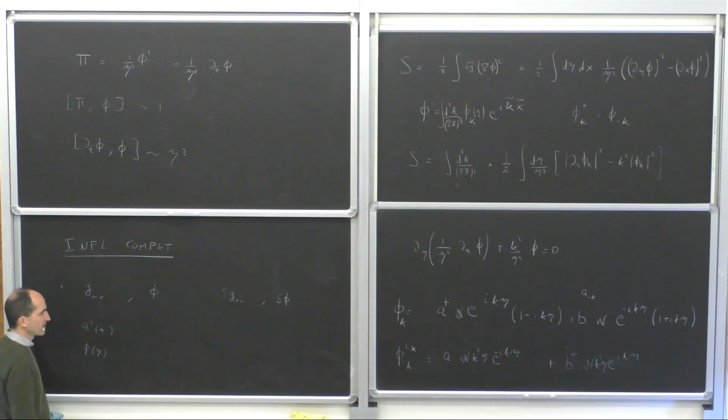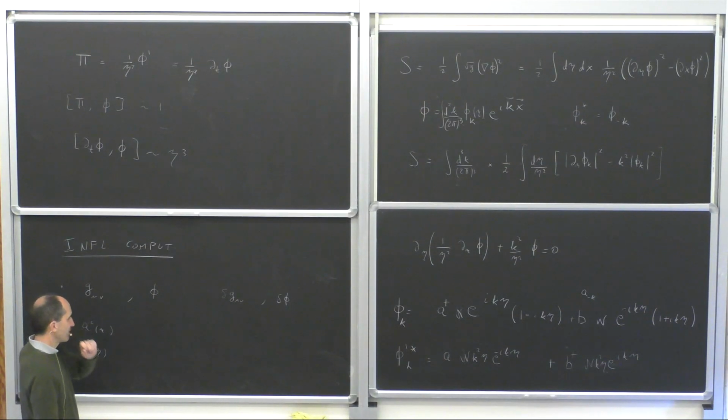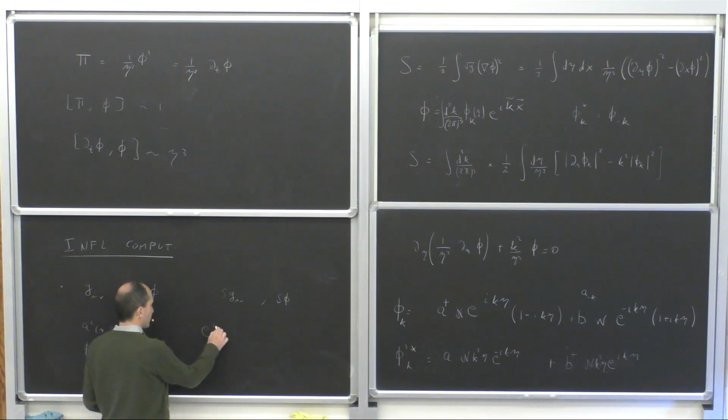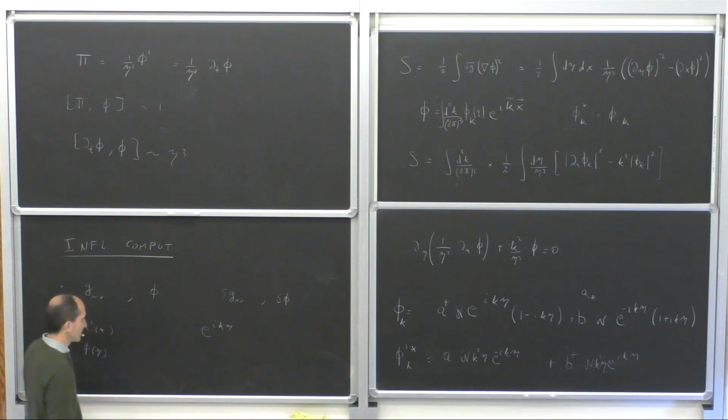Now, as in the case that we had for the scalar fields, we can use translation invariance, so all the fields will be expanded in Fourier modes, and also we'll use SO(3) invariance.